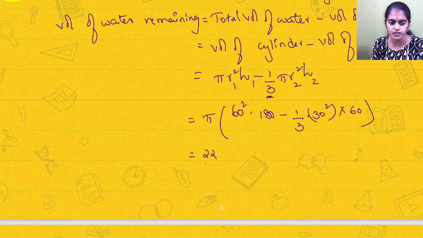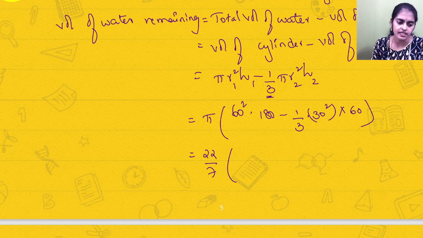Pi value they asked you to take as 22 by 7. 60 square is 3600. Okay, so 60 square you will get 3600 and to that you will have to multiply 180. So 36 into 180, ఇది చాలా పెద్ద number. So ఇంత వస్తుంది మీకు. Now 30 square is 900.